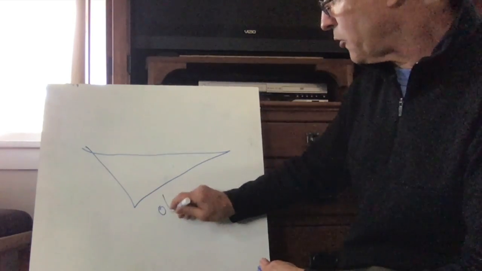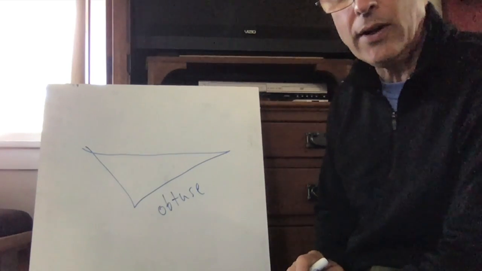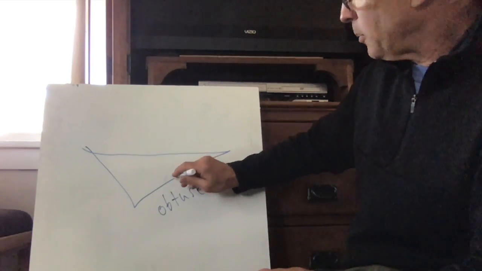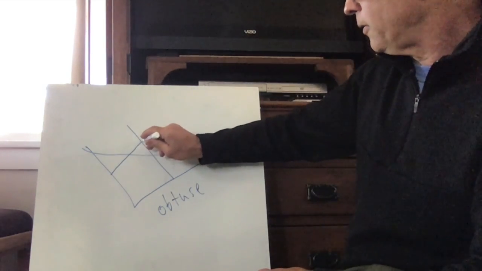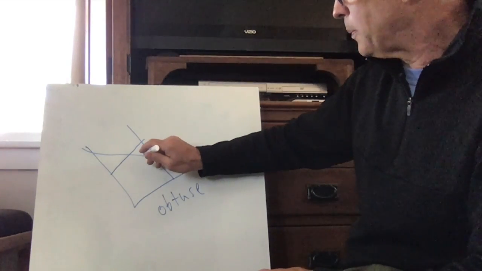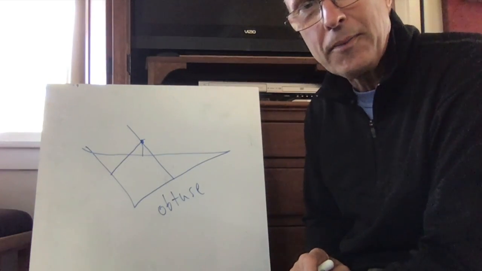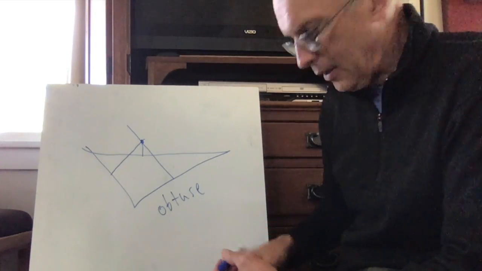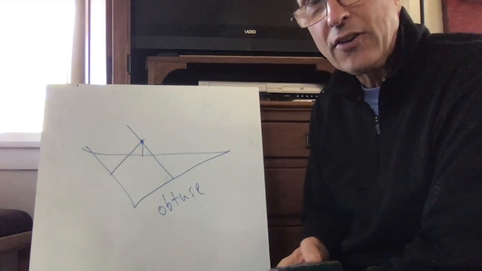For an obtuse triangle, where one angle is greater than 90 degrees, I take the perpendicular bisectors, and I guess my drawing's a little messed up, but they're actually going to meet outside the triangle. So the circumcenter does not always have to be inside the triangle.